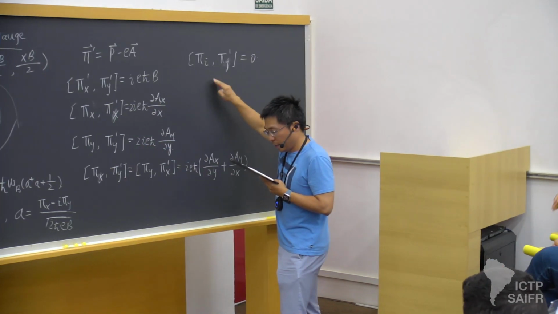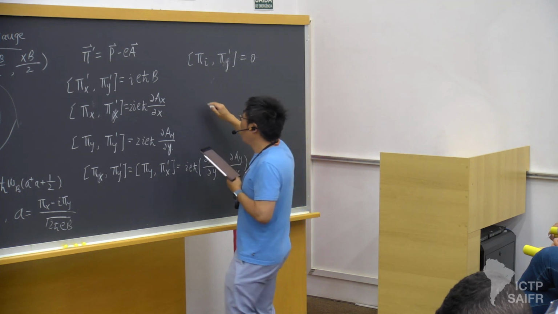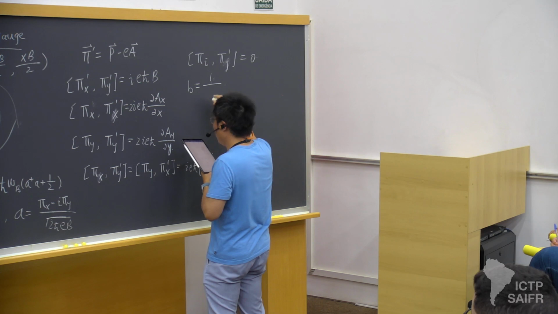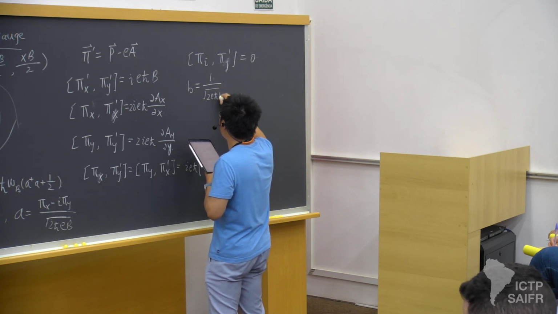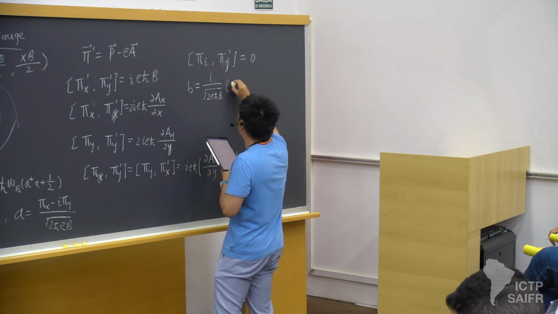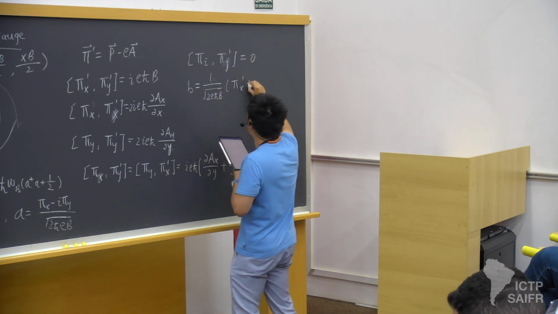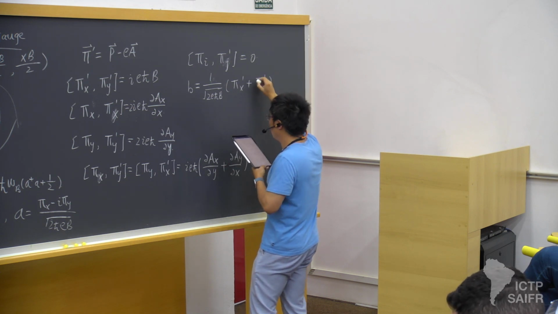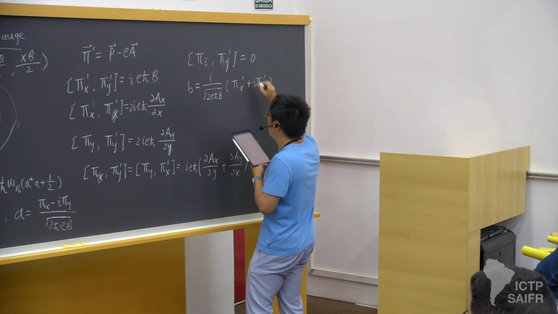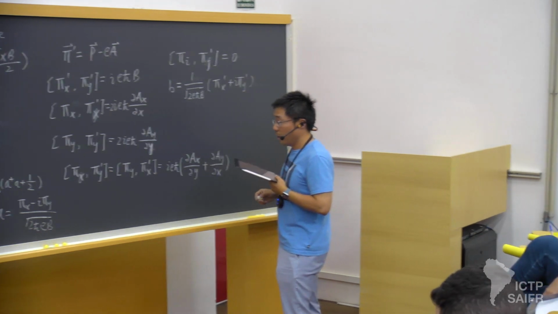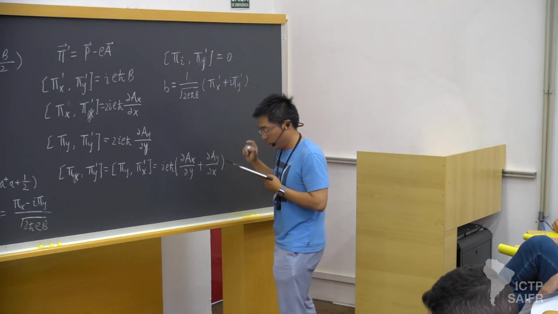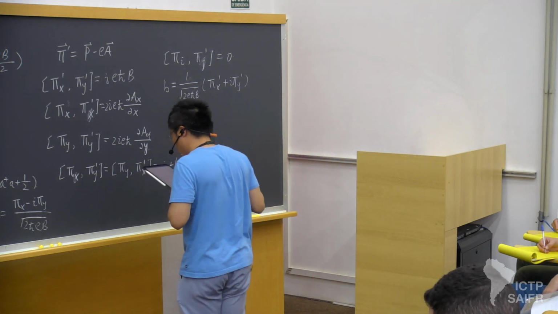Then I can use those pi prime to similarly define creation and annihilation operators, which is very similar to this a, and I call it b. Here, for some reason, I invert the sign, but it's really a convention.